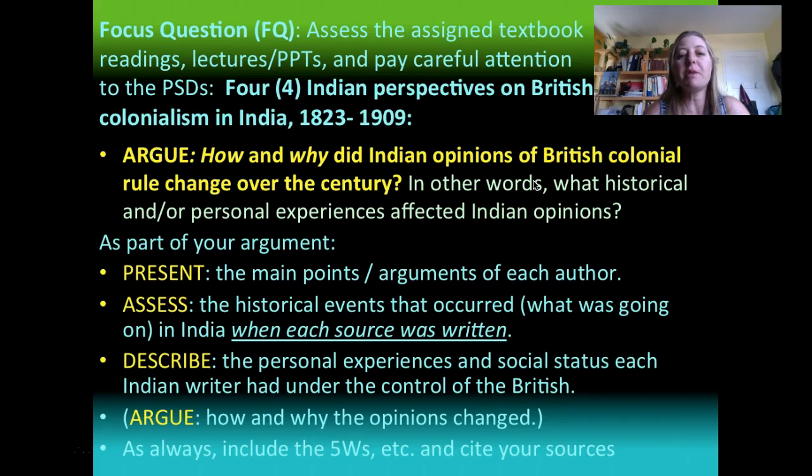And then describe the personal experiences and social status each Indian writer had under the control of the British. That has an influence on their thoughts and belief systems. And then lastly, argue the how and why the opinions changed. As always, include the 5 W's, how, why important, etc., and cite your sources. Okay, here we go.